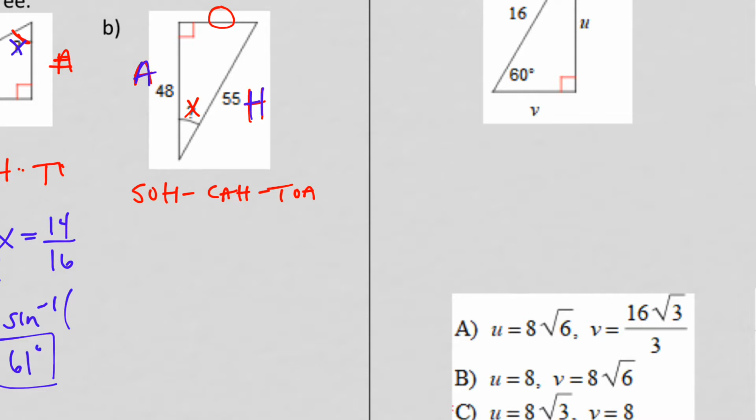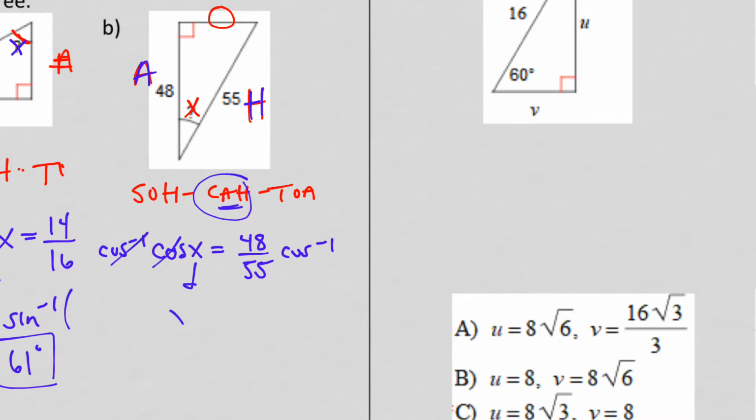So AH is going to be cosine. So cosine of the angle that I don't know yet, cosine of X, equals adjacent over hypotenuse. To solve this equation, I can multiply by the inverse of cosine to both sides, and I get X equals inverse cosine of 48 over 55. With the calculator, that's going to be approximately 29 degrees. So we found this angle to be 29 degrees.